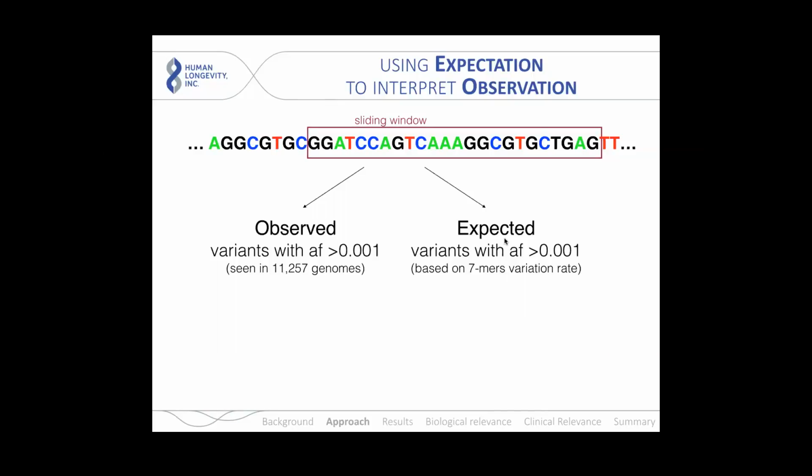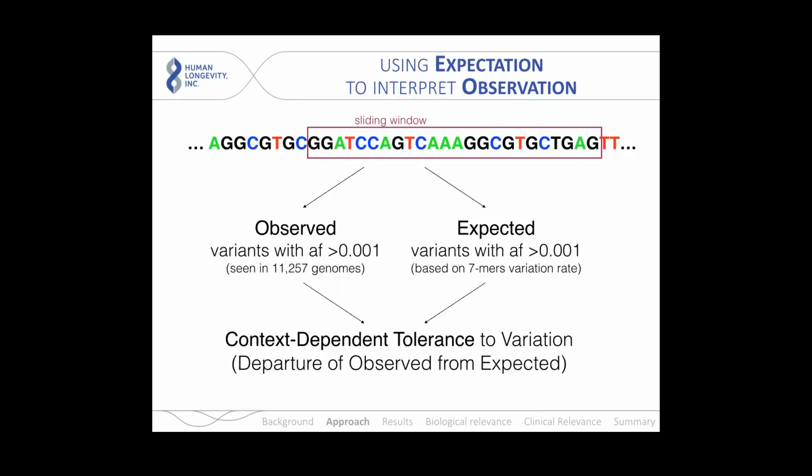This is based on the heptamer variation rate that I just described. Because every single nucleotide in the window is the middle nucleotide of a heptamer, we have the variation rate for every single nucleotide in the window.